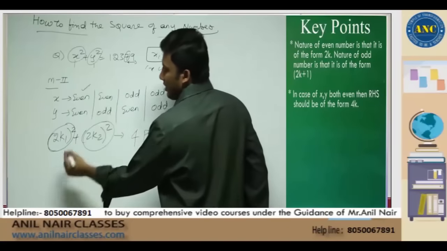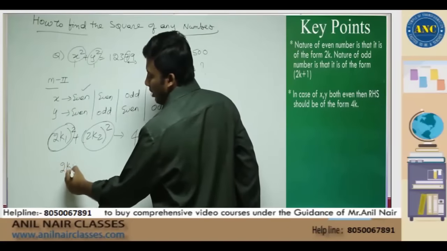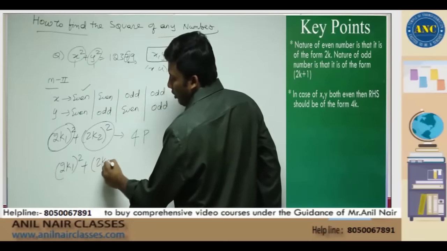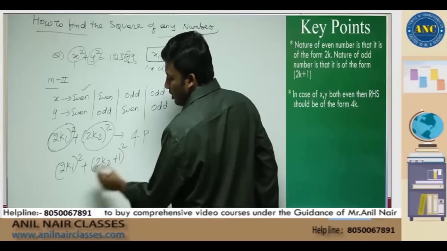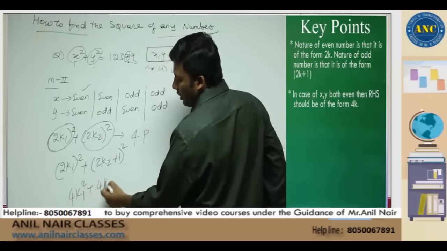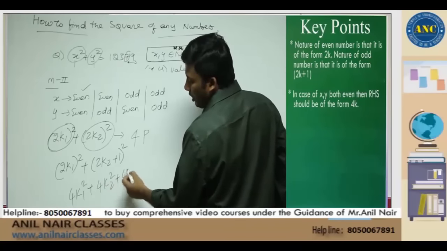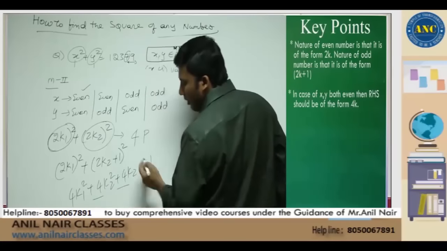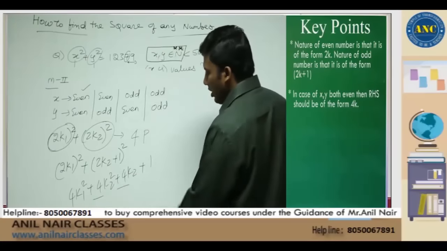Next case, if x is even and y is odd: even number 2k1 whole square, odd number 2k2 plus 1 whole square. So this will become 4k1 square plus 4k2 square plus 4k2 plus 1. The first 3 terms are all divisible by 4. It gives a remainder of how much? 1.